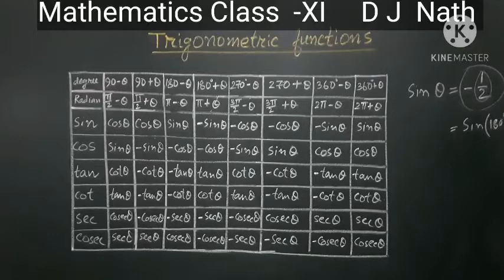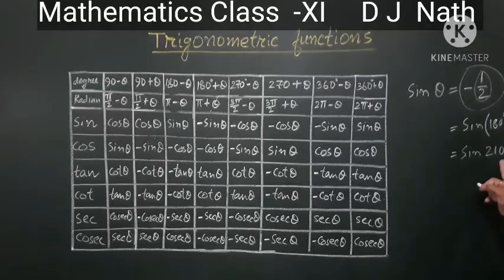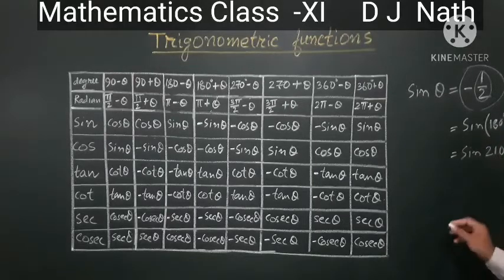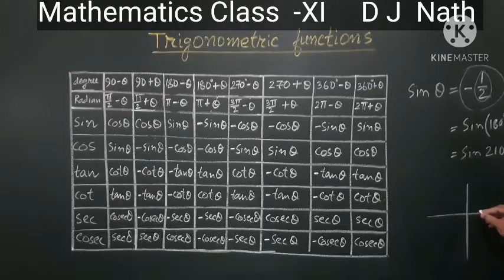Both ways can be written. 180 plus 30 is 210 degrees, so theta is 210 degrees. Now how do we find the other trigonometric ratios? 210 degrees falls in the third quadrant: this is 90 degrees, this is 180, then 210.